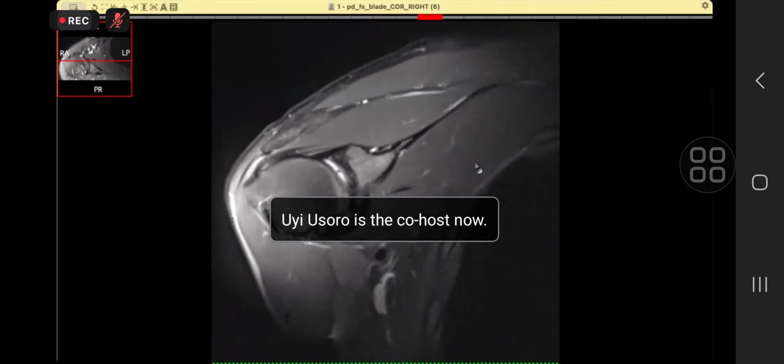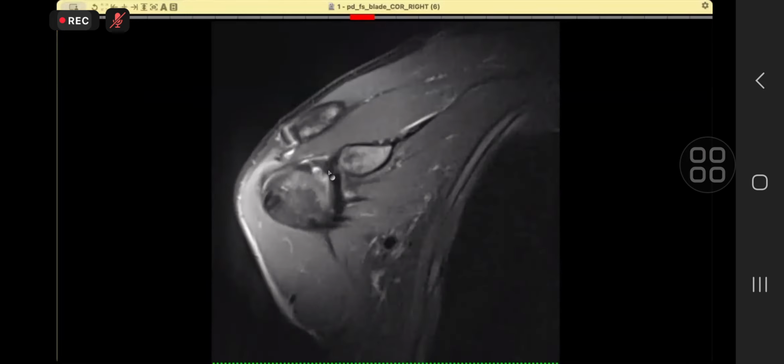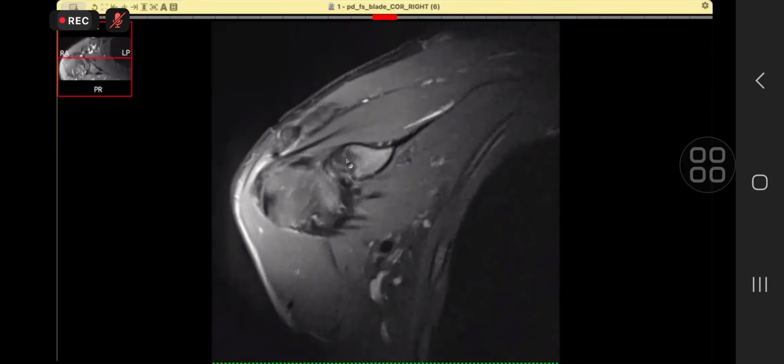Okay, this is a FATSAT MRI of the shoulder joint, coronal images. I can appreciate that there are multiple hypointense structures within the joint space. They have a surrounding high intensity halo, and I am looking for any joint effusion.